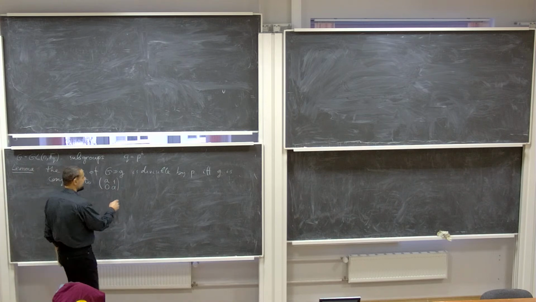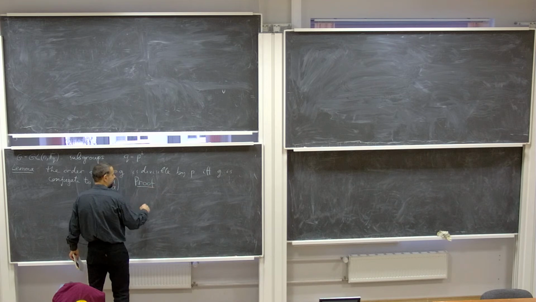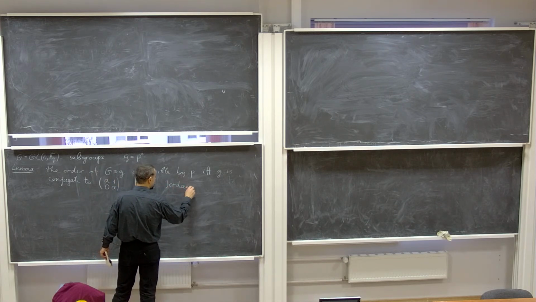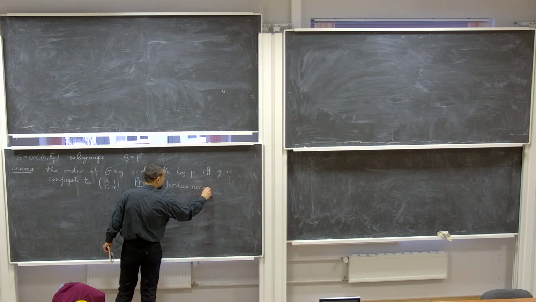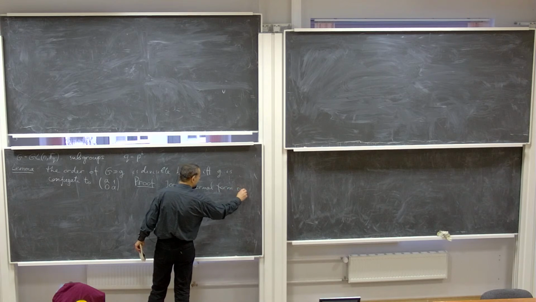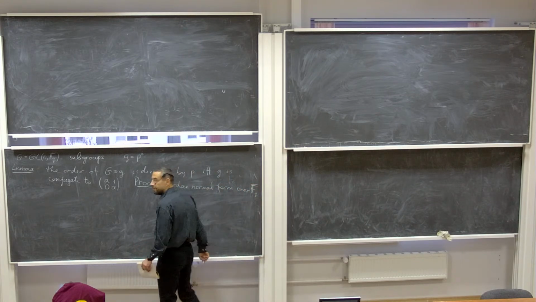Okay, and the proof is immediate. Well, just the Jordan normal form over the algebraic closure of our field.